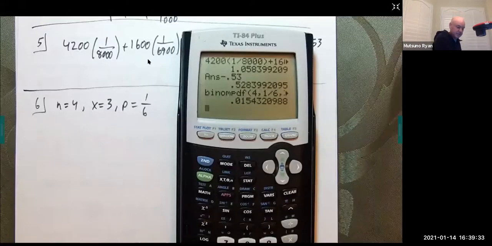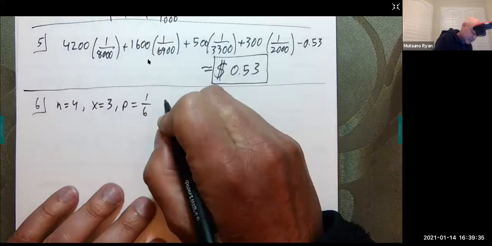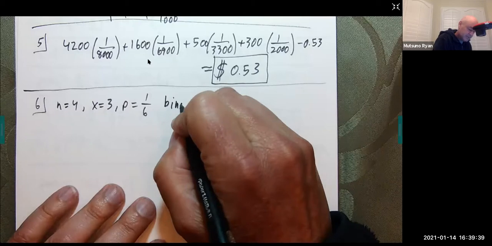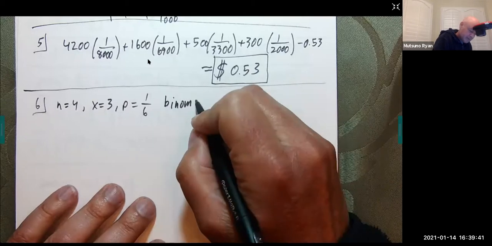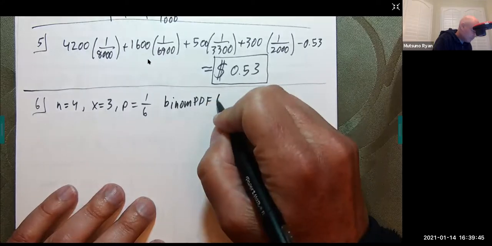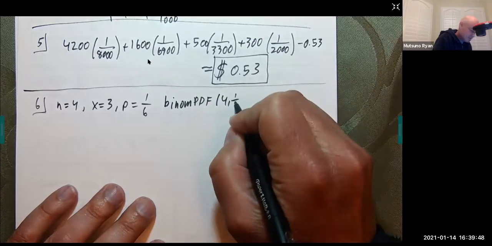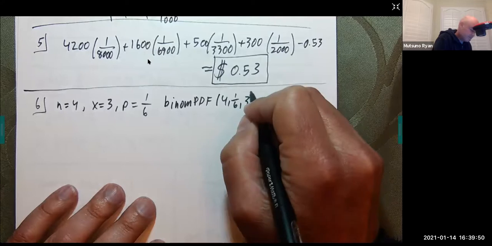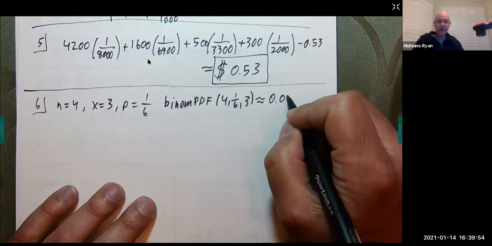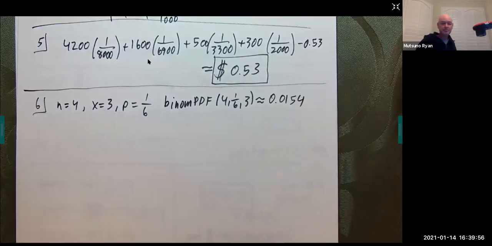And so our answer becomes binomPDF(4, 1/6, 3). That is approximately 0.0154.